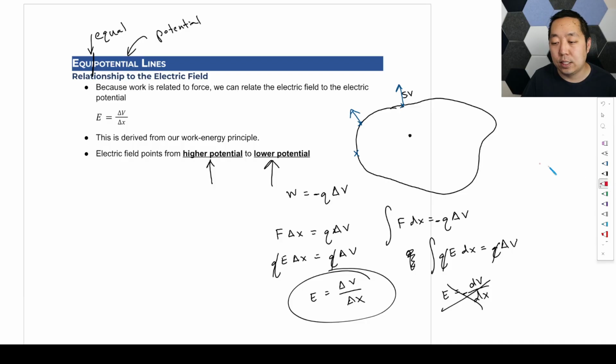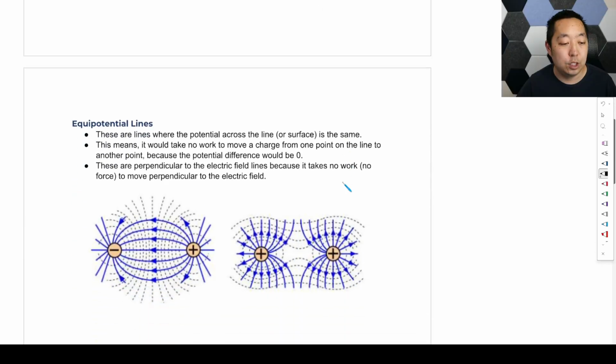You'd be moving in a displacement that's perpendicular to the electric field, so there's no force or work being done by the electric field, because you need a parallel component. So the electric field is perpendicular to the equipotential lines, and it points from higher potential to lower potential in general.